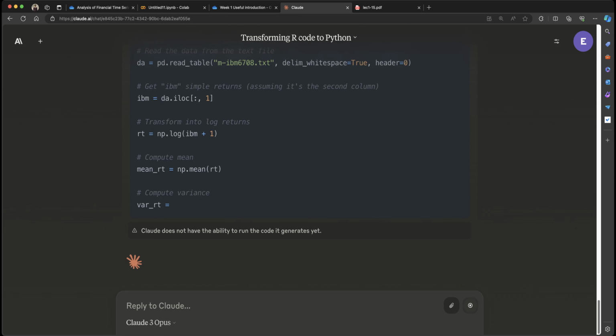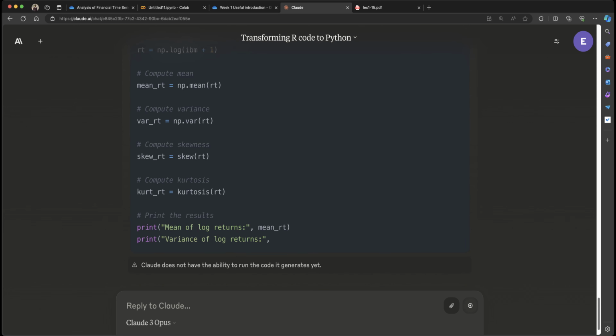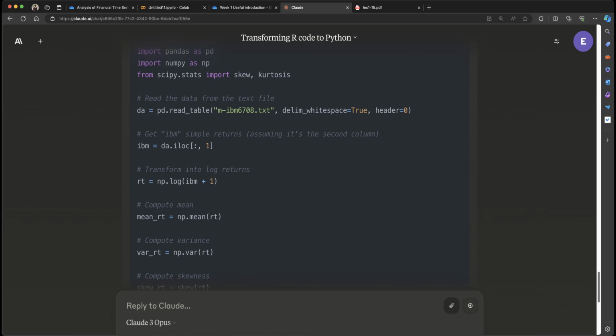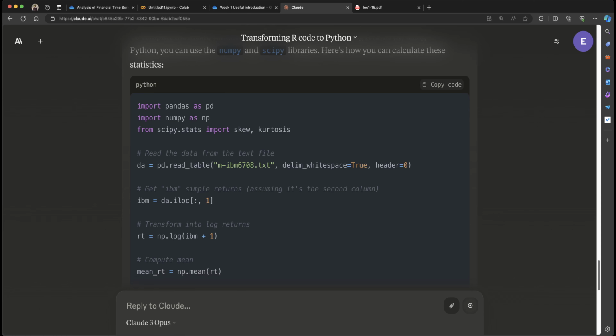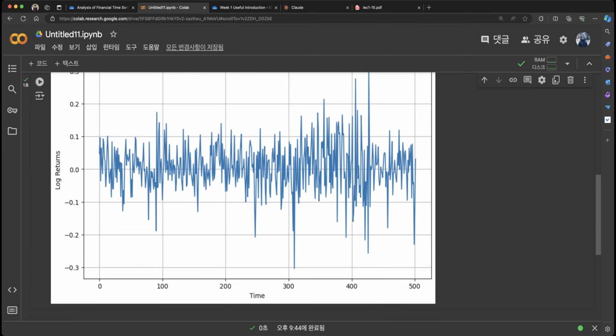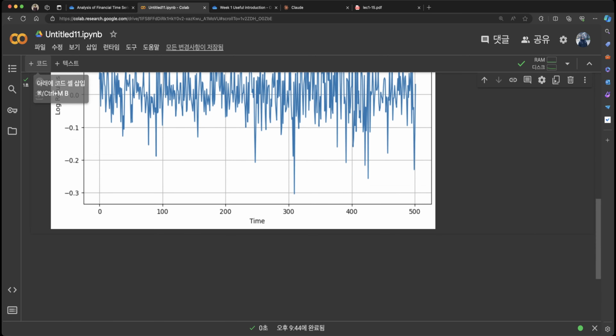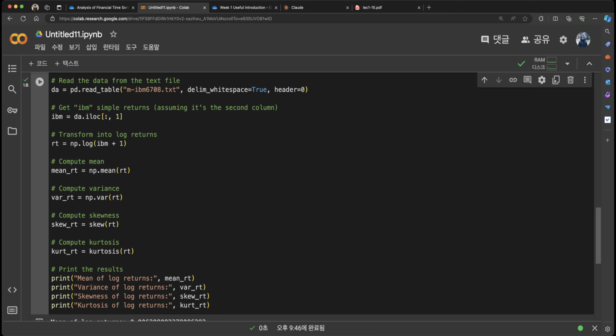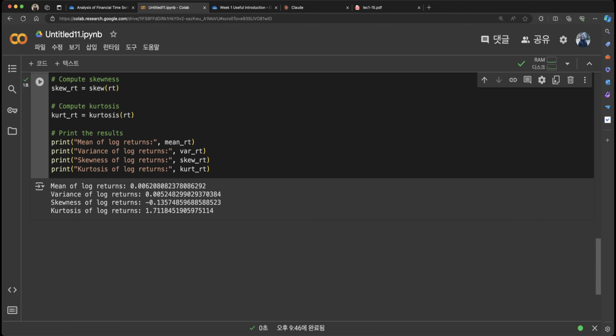It is iterating this one. So I can just copy the whole thing, paste it here in the code, and run it. Then it calculates the mean of the log return like this, and we have the variance, skewness, and kurtosis.